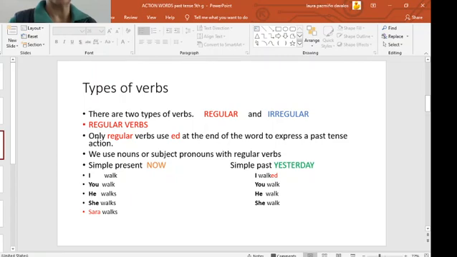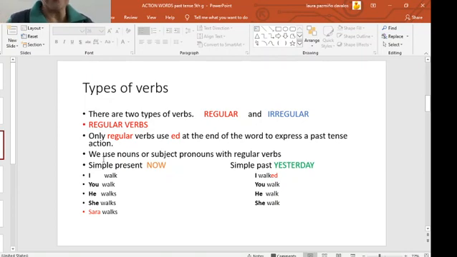Ok, entonces, solo los regular verbs use ed at the end of a word to express an action in the past tense form. Okay? So, we cannot talk about an action in the past tense if we don't use a pronoun, porque no sabemos de quién hablamos, ¿cierto?